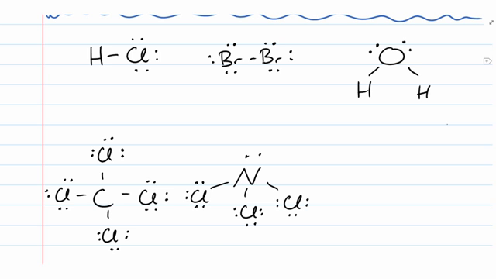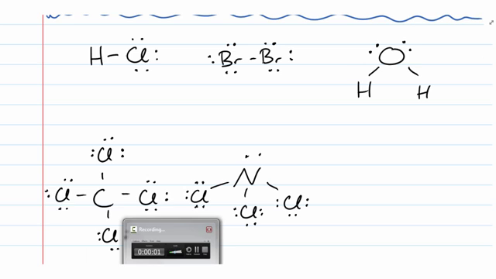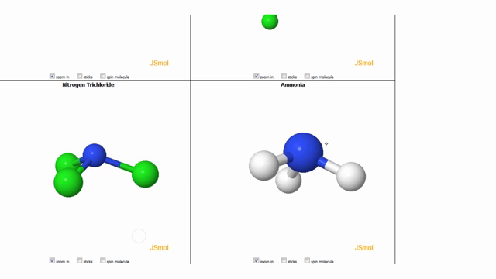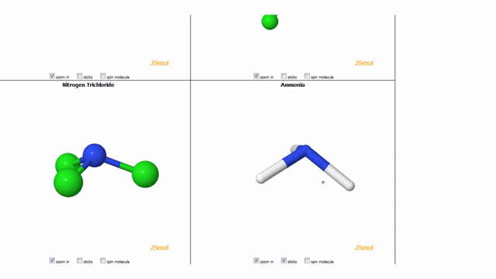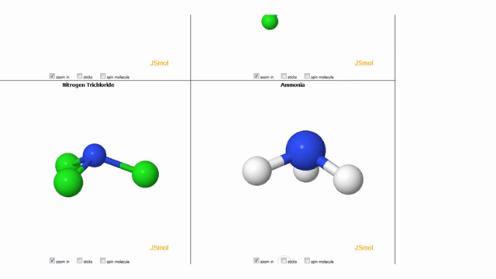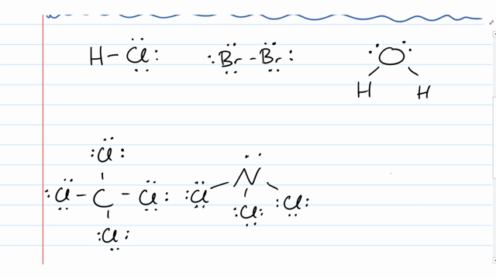If we look at the shape of an ammonia molecule, we see that ammonia as well has a shape kind of like a tripod, with nitrogen sitting on top. So again, we'll write out the nitrogen, and then we'll show it above the three hydrogens.